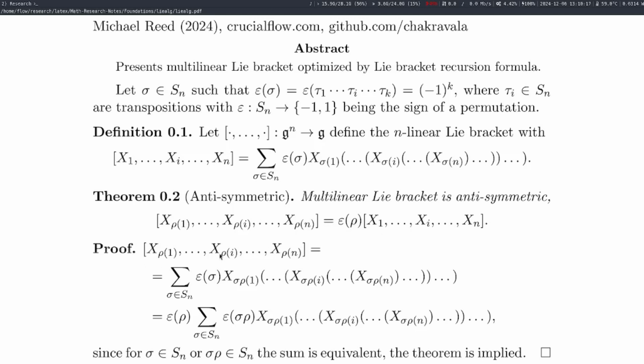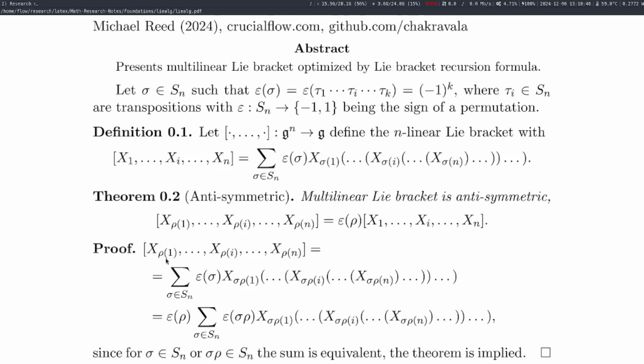And the proof of that is fairly straightforward and based on standard principles, which can also be applied to the Lie bracket. I haven't seen it applied to the Lie bracket specifically like this, but it is fairly natural to apply it to this.